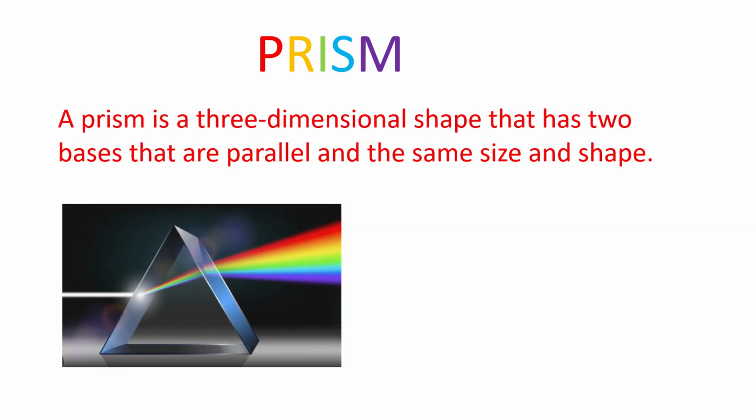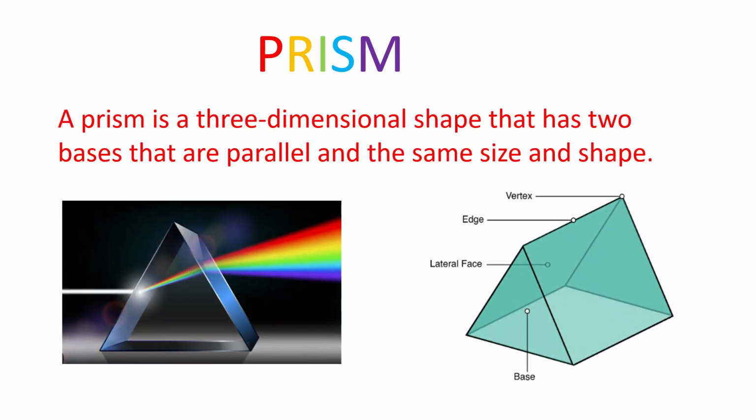Now, let us learn about a prism. What is a prism? A prism is a three-dimensional shape that has two bases that are parallel and the same size and shape. Basically, a prism is a transparent medium that is bounded by five plane surfaces with a triangular cross section.